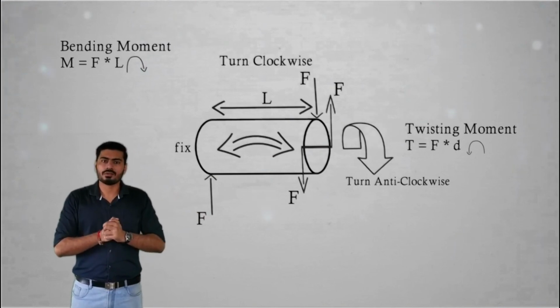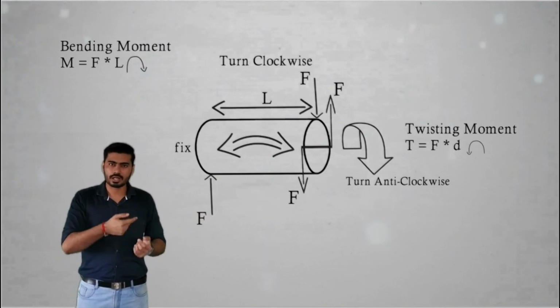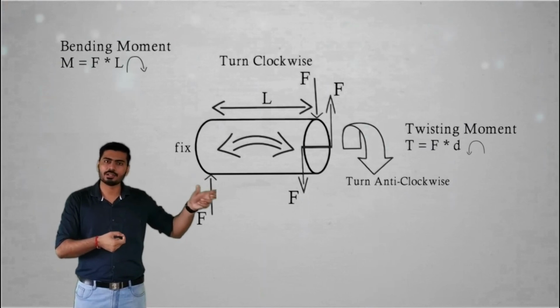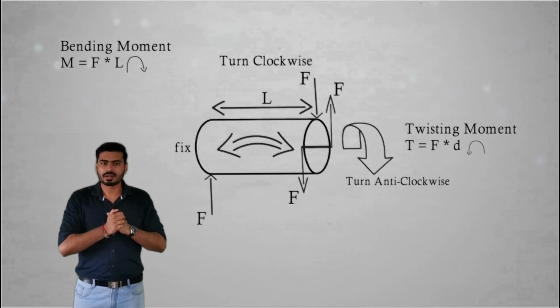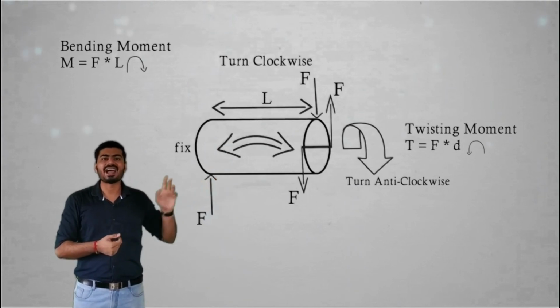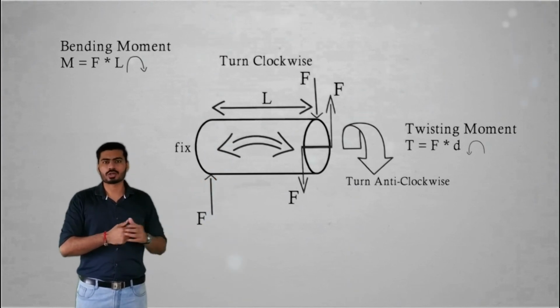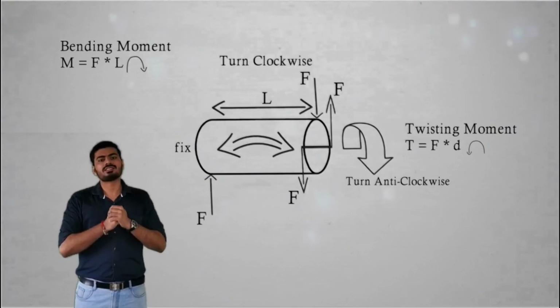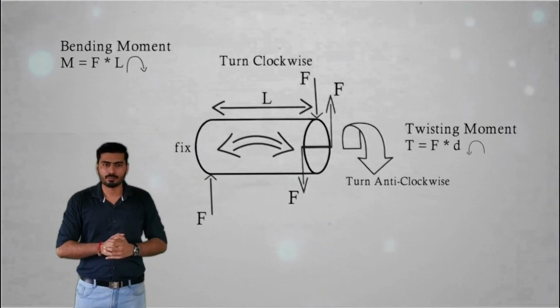As per the custom, we will apply the direction beside the value of this equation. That is the clockwise direction, and as you can see, we have provided the arrow beside the equation of the bending moment. So this is the final equation of our bending moment.